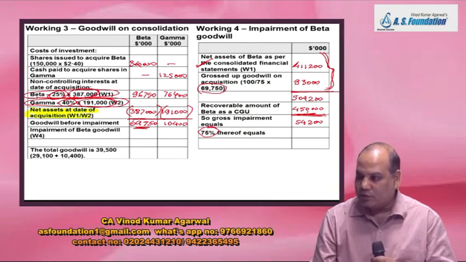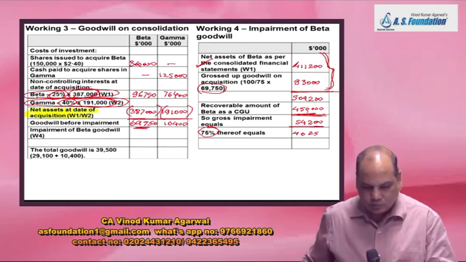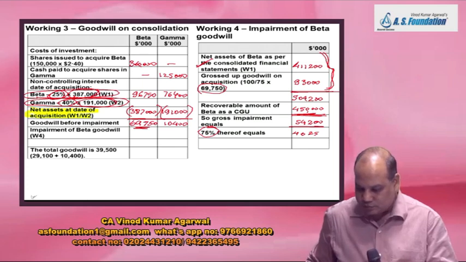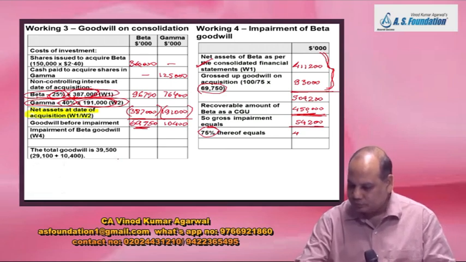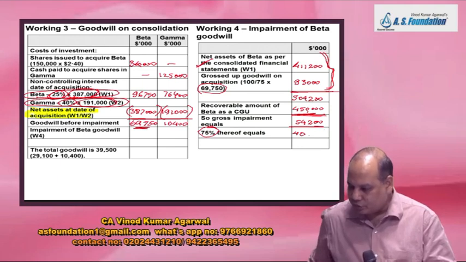But our share only will adjust. So how much is 75%? 40,650.